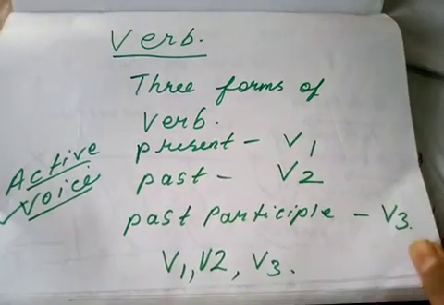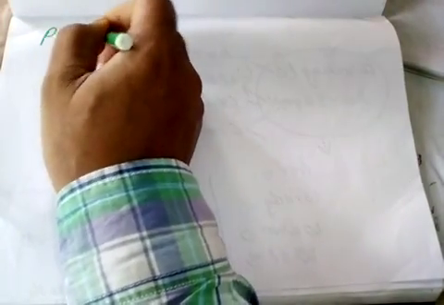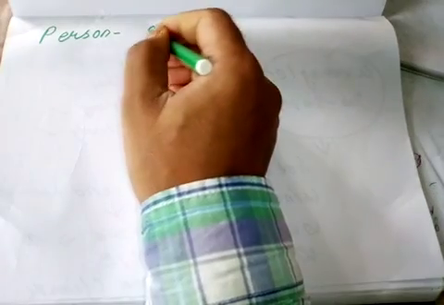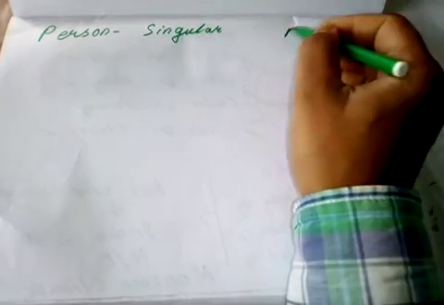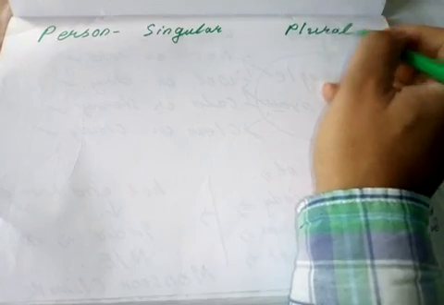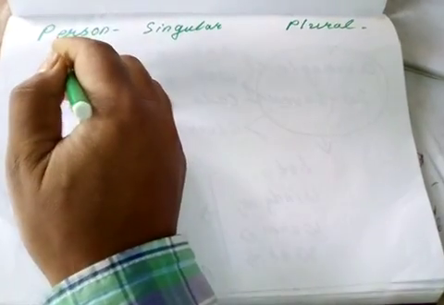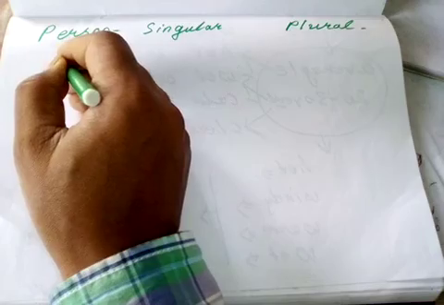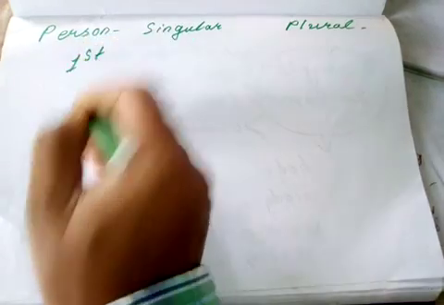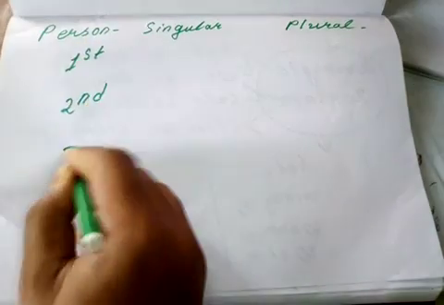Now, as we go through it, we need to understand a few more things in tense. First of all, persons are of two types, singular and plural. And again the persons are divided into three forms: the first person, second person and third person.